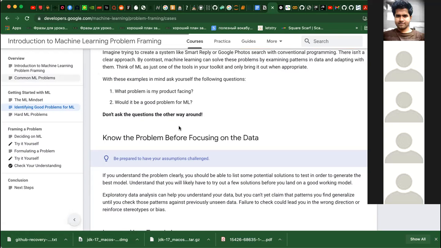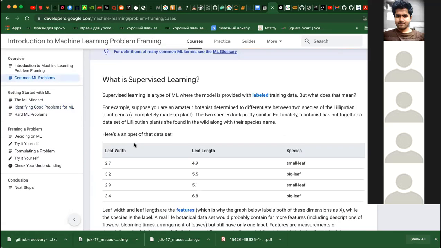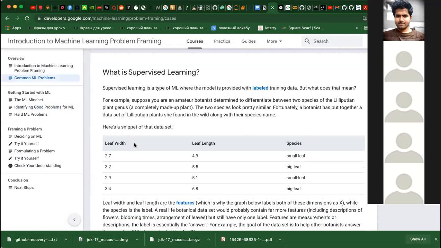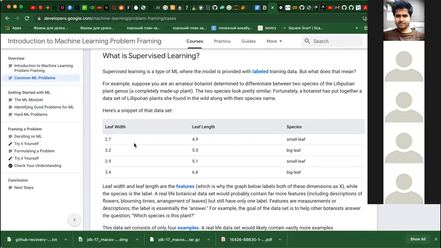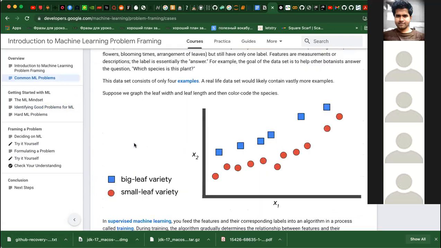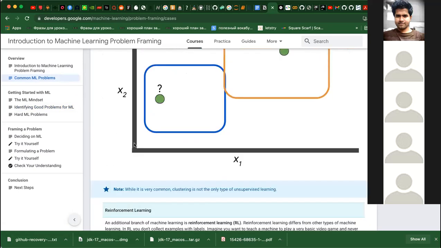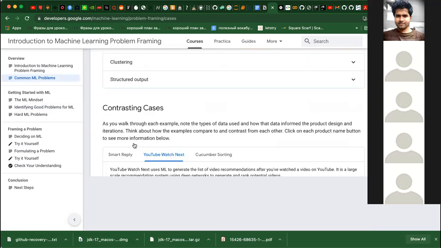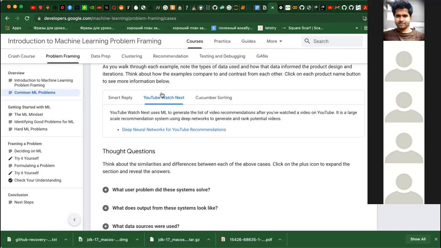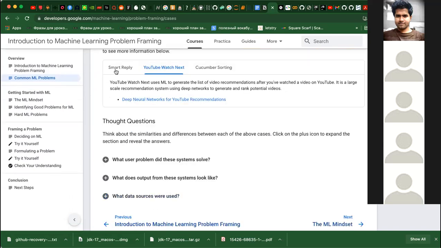For example, the first bulk of material covers what the types of machine learning are, and lists common ML problems. And there are three examples here, and the questions are about these three examples.